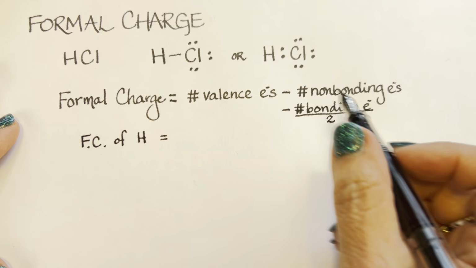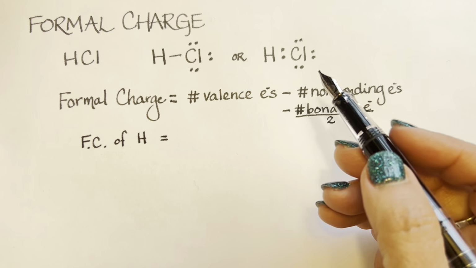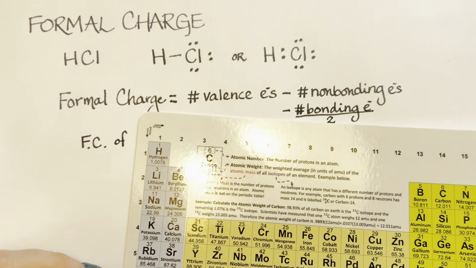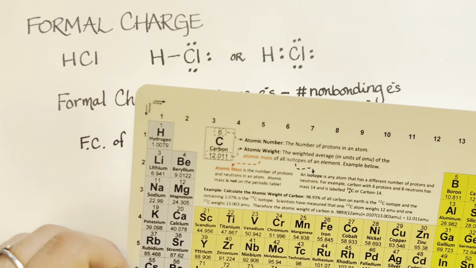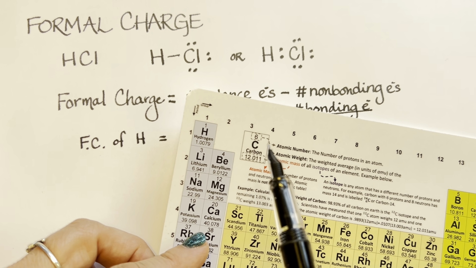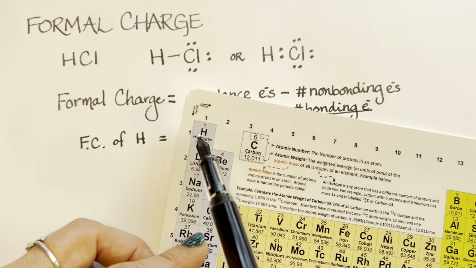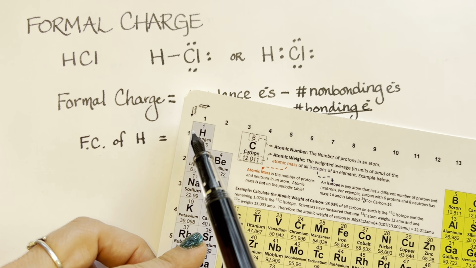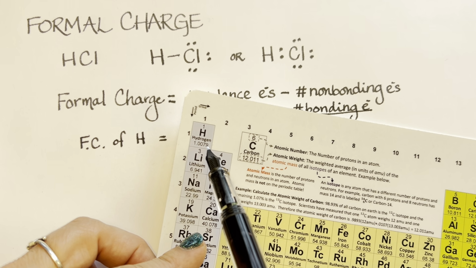Okay, number of valence electrons. This is where you will sometimes need the periodic table if you don't know what it is already. Hydrogen, a lot of us might know already that it has one electron, but for completion, we'll take a look at the periodic table.